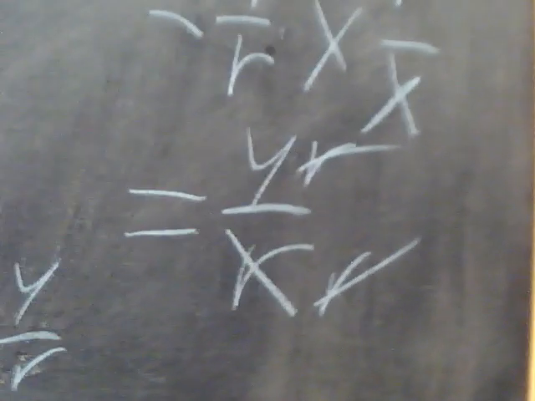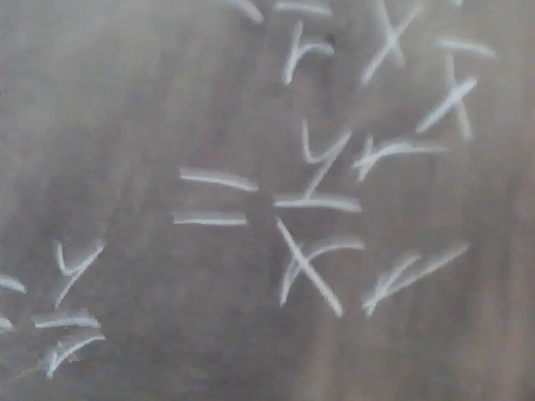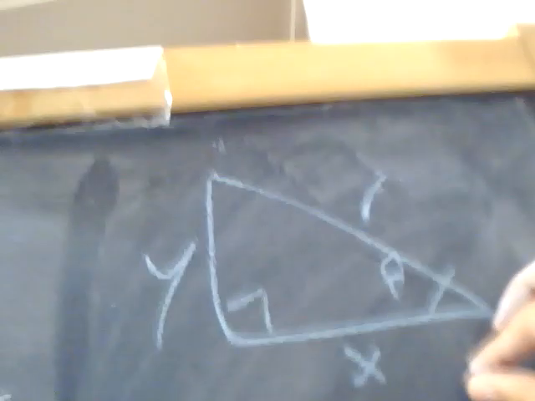If we look back at our triangle here, I'm just redrawing the triangle. If we look back at our triangle here, you'd find y is right here, x is right here. What does that remind you of?